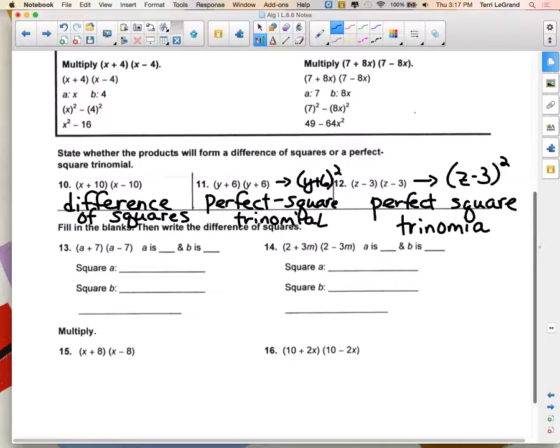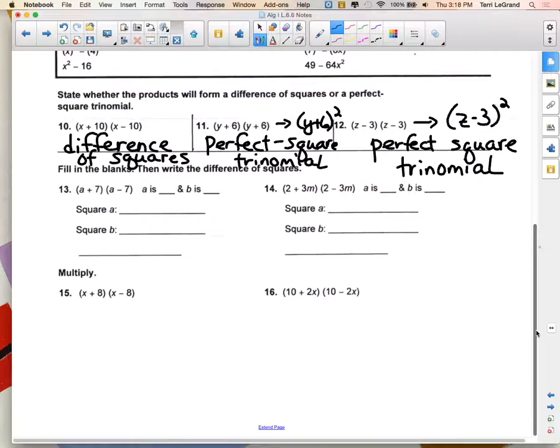What model would we use for that? Because if it's a perfect square trinomial, you can't use a squared minus b squared. Same one as it just said, a squared plus 2ab plus b squared? Yeah. A squared minus 2ab plus b squared. Remember the minus, plus? Okay.